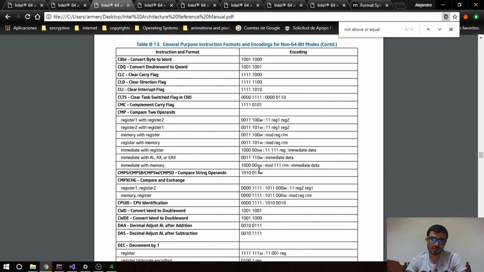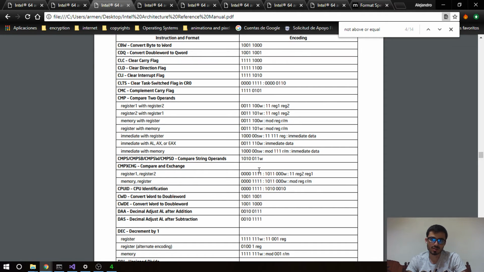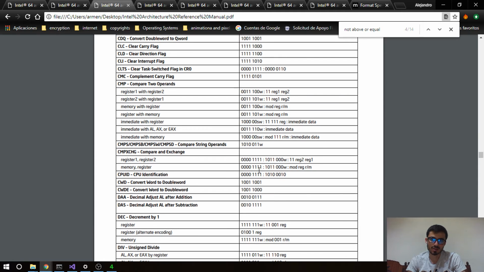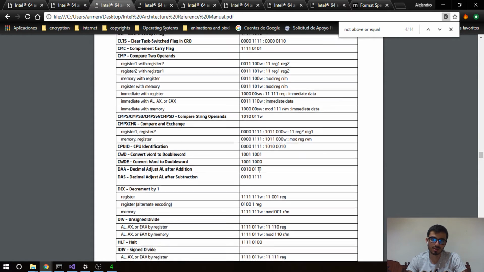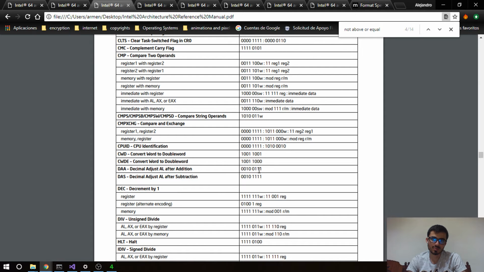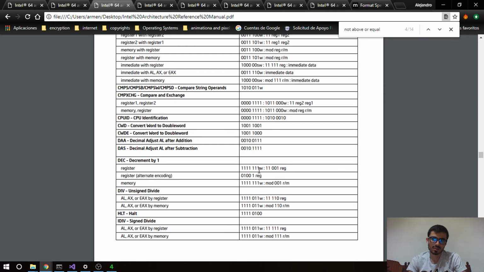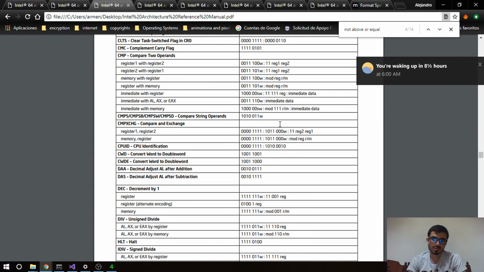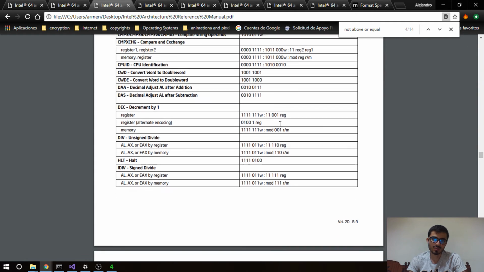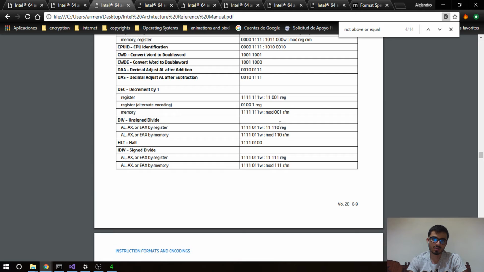We have immediate with register, immediate data, immediate with memory, compare speed, compare W, compare stick, compare string. Okay, that's not too difficult. Some encoding specific. Yeah, we can follow pretty much all this stuff.